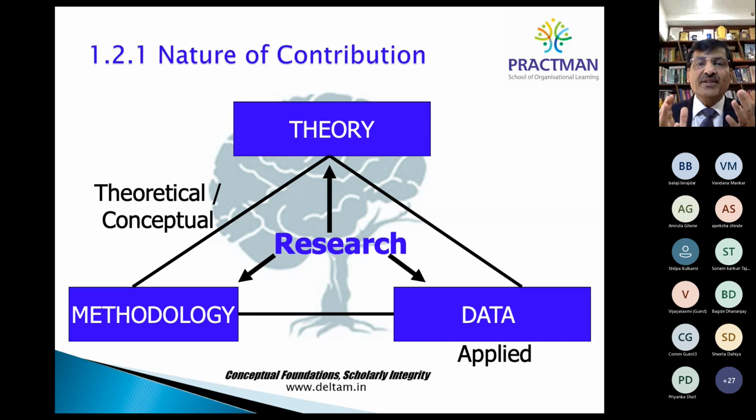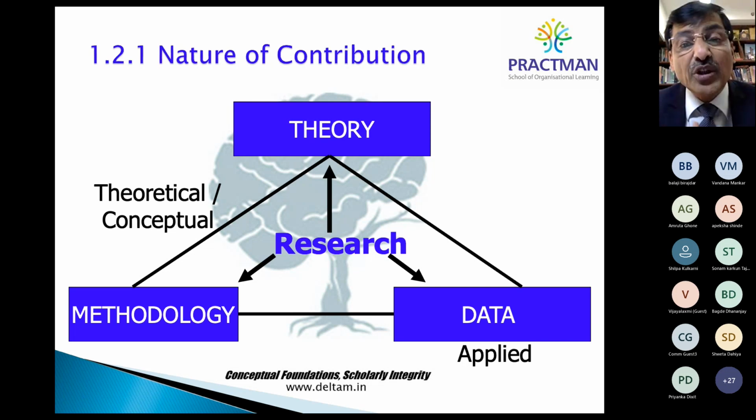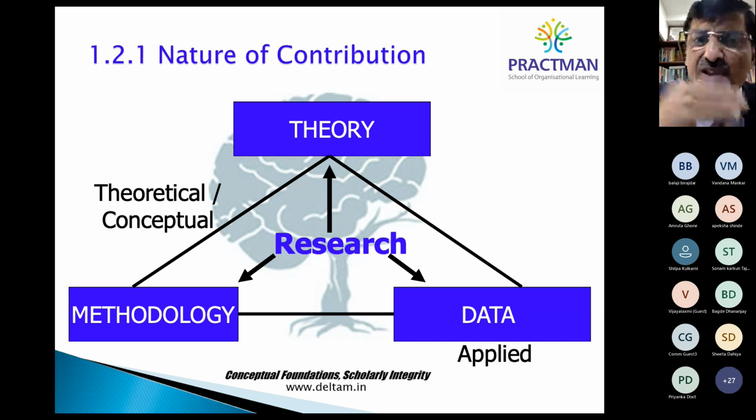One may expand the theoretical knowledge base of that particular domain. The theoretical limits of that knowledge you may expand. You may expand the theoretical base of that knowledge domain. And that is your contribution.